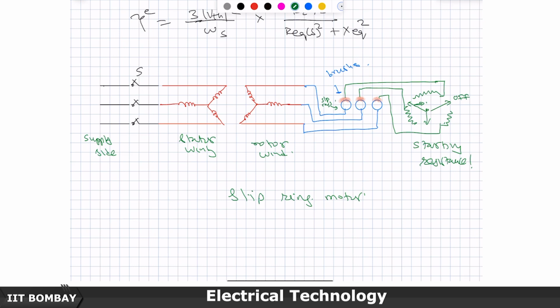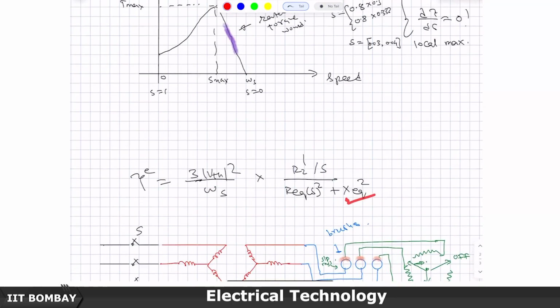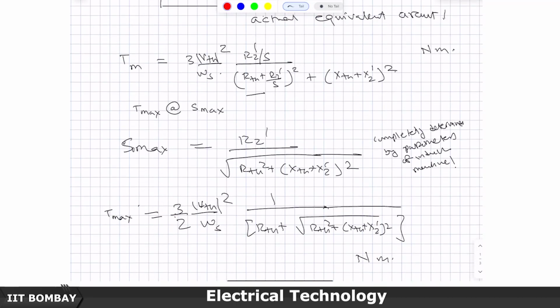I want to get some control on the torque speed characteristic. Leakage inductances in this expression cannot be controlled, X Thevenin cannot be controlled, these things cannot be controlled.